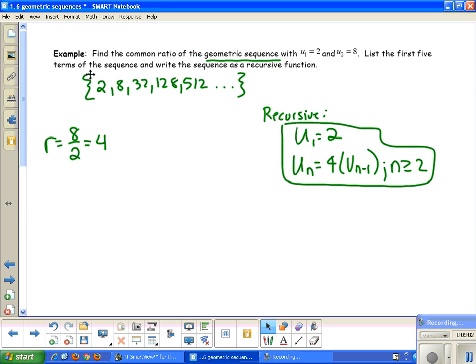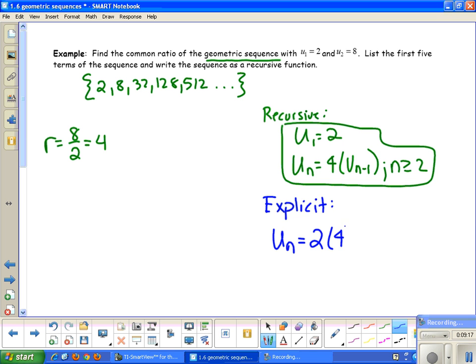And if I wanted to write the explicit, the explicit form would be to find the nth term, you take your first term, which is 2, multiply it by your common ratio to the n minus 1, for values of n greater than or equal to 1.